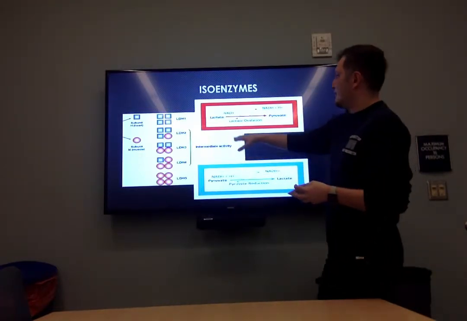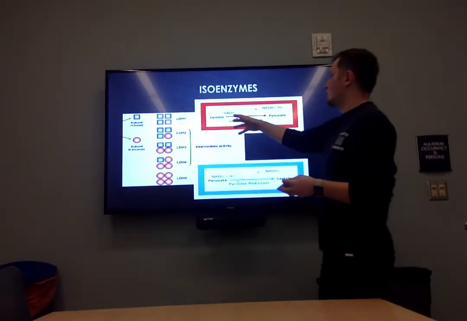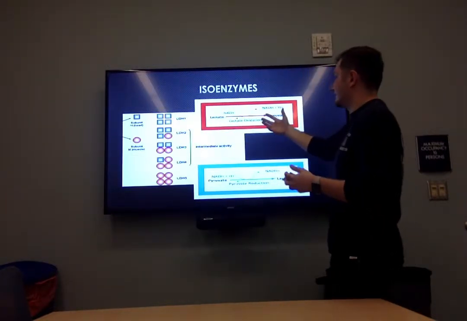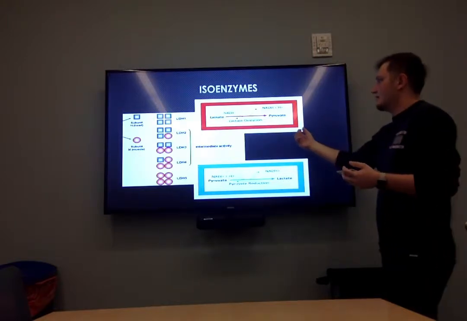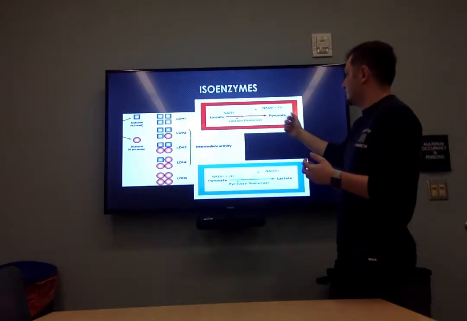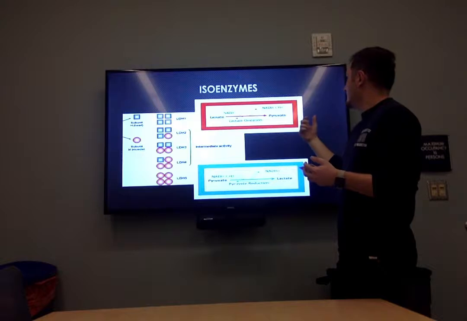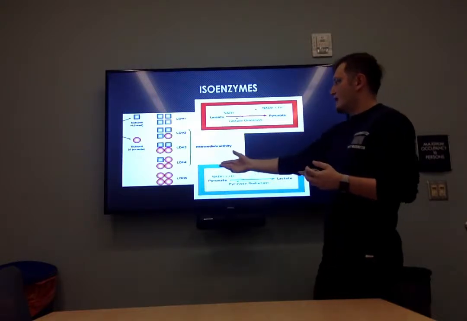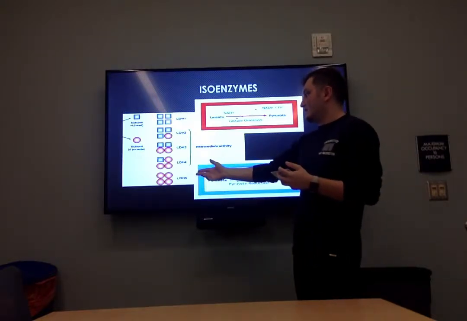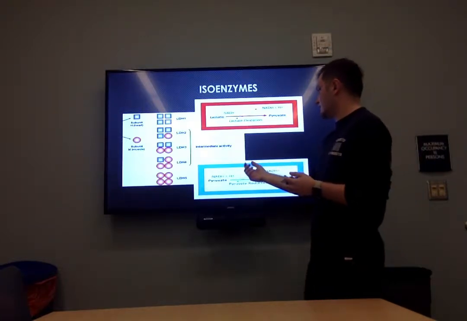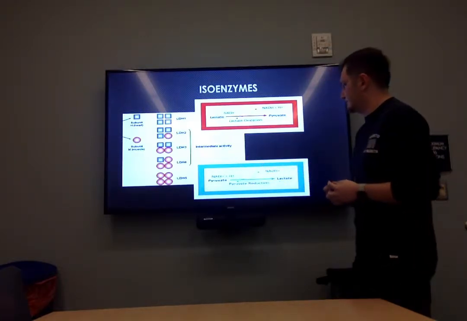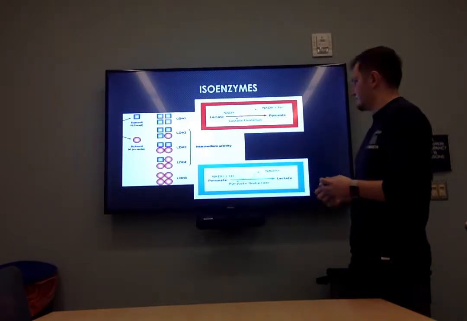As you see here, LDH1 is mainly known for lactate oxidation, turning lactate into pyruvate by NAD to NADH. And down here you have the LDH5 isoenzyme, known for pyruvate reduction, which is pyruvate to lactate.